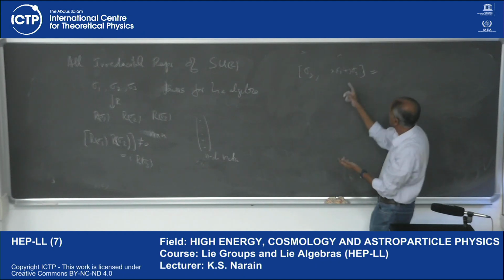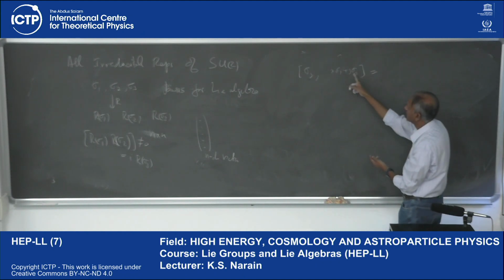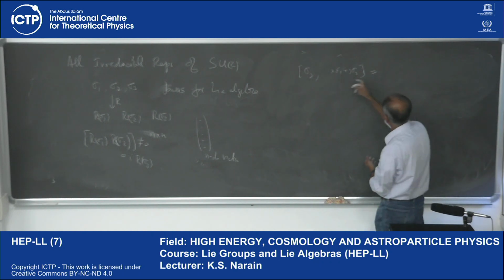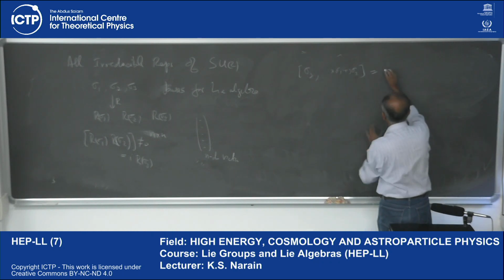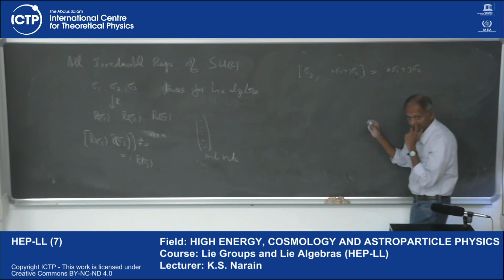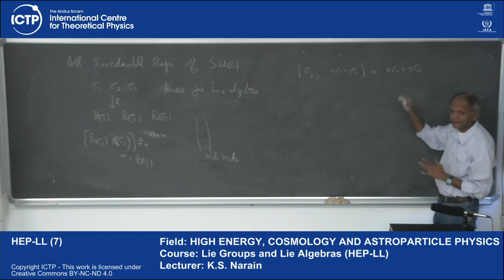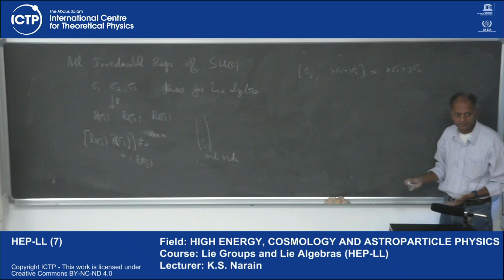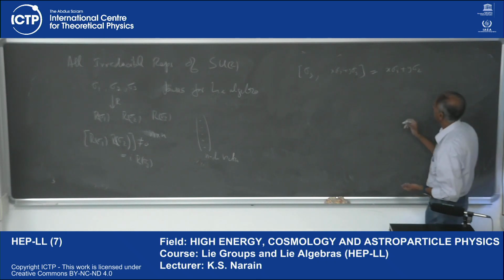So whatever it is, the right hand side is going to be again some combination of sigma 1 and sigma 2. But what I want is for this to be the same combination, x sigma 1 plus y sigma 2. And you'll see that once you find that, it becomes much easier to construct the representation in a different way.